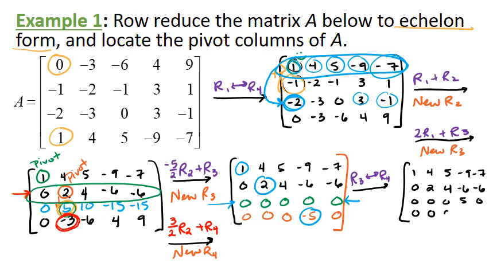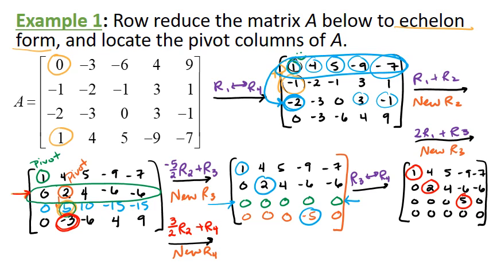Now, we have not been asked to solve this. All we've been asked to do is write this in echelon form, which it is, because everything below our pivots is 0. It asks us to find our pivot columns. So looking at this, this is a pivot, this is a pivot, and this is a pivot.